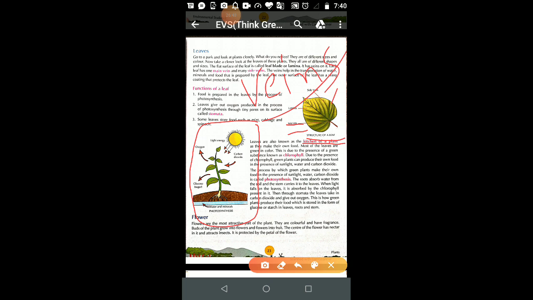We have written sunlight, water and minerals, carbon dioxide and chlorophyll. Now student, try to understand how this process takes place. See student, the leaves of the plants are green due to the presence of a pigment known as chlorophyll, and this chlorophyll plays a very important role.